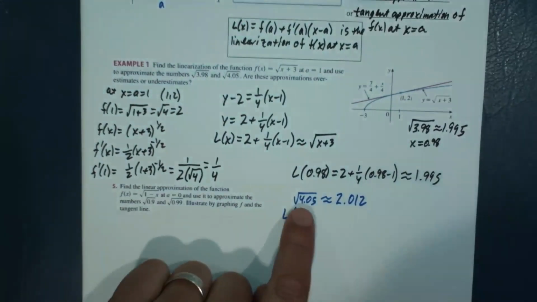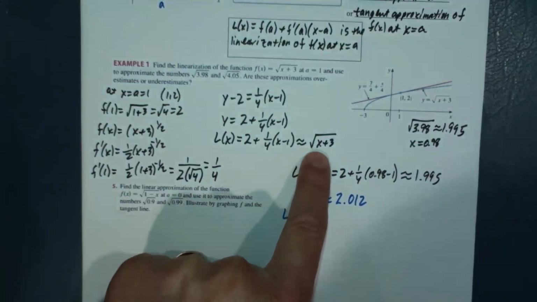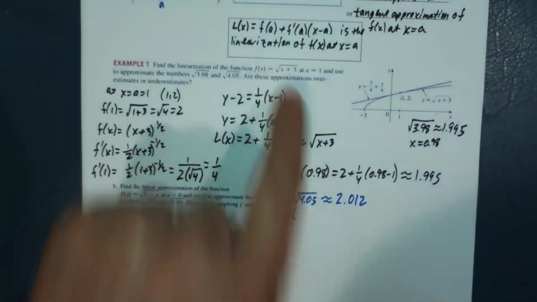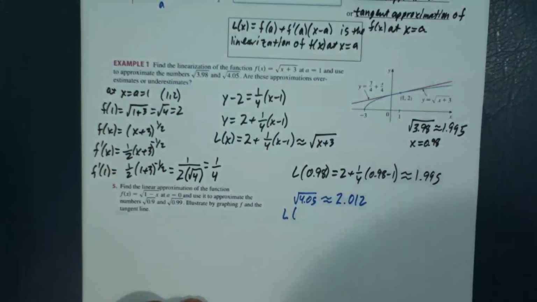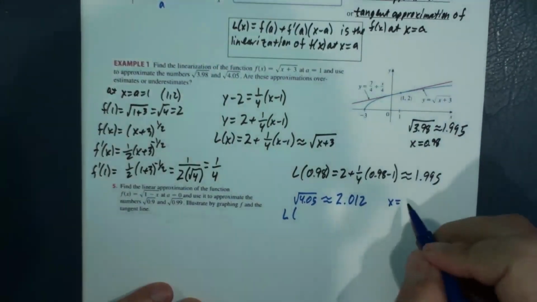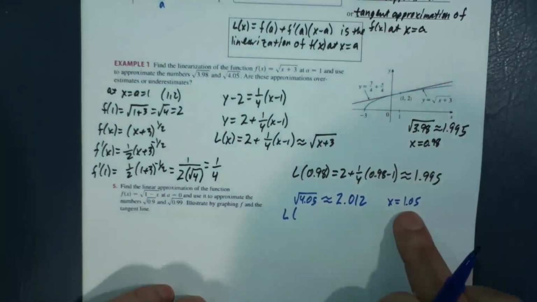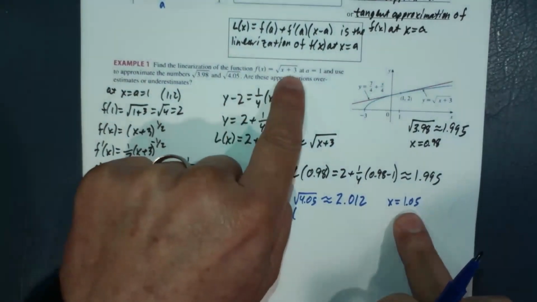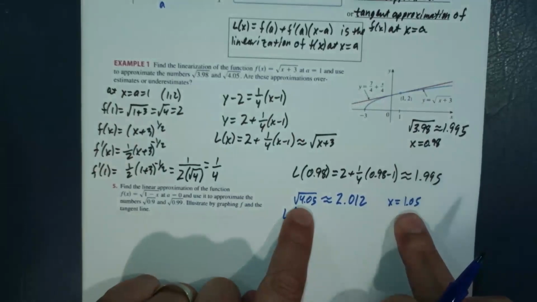Now, to get 4.05, plugging it into our function, x is going to have to be 1.05, because 1.05 plus 3 is 4.05.